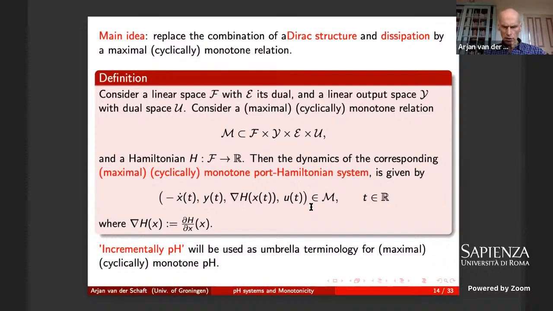So we require that for all t, the pair of minus x dot, which is in this space F, and the output, which is in this space, and then the gradient vector of the Hamiltonian, which is in the dual space E, and the input, which is in this space capital U, are in this maximal cyclically monotone relation M for all t.